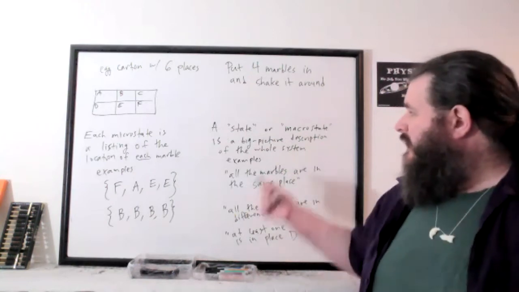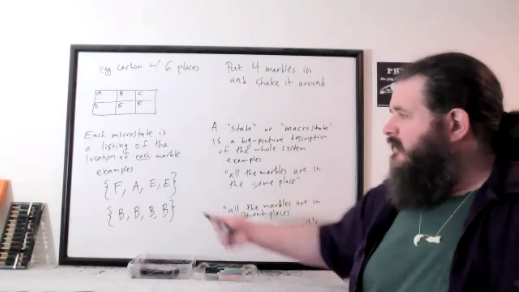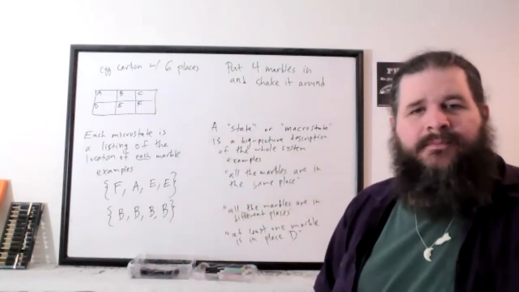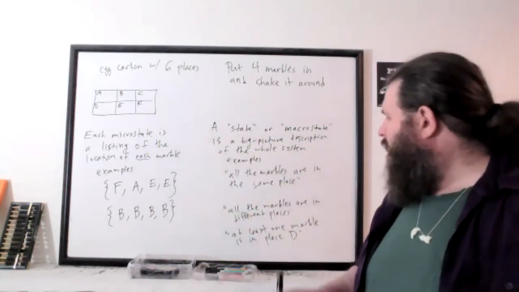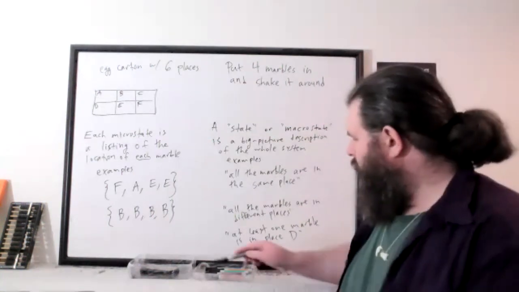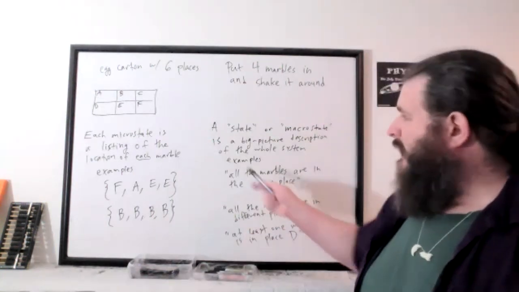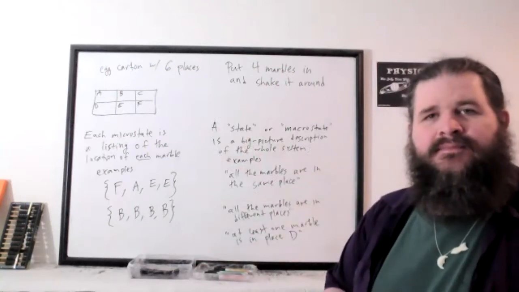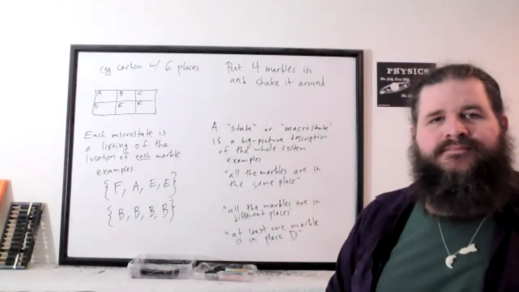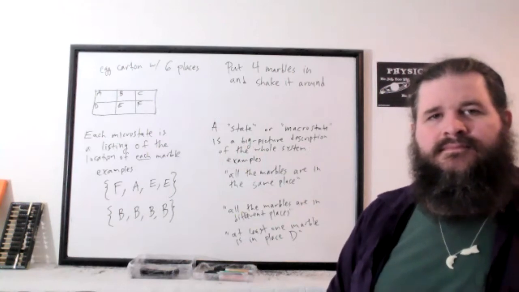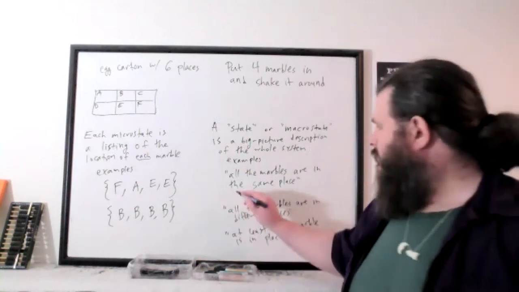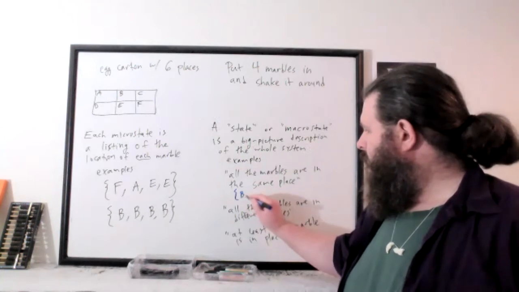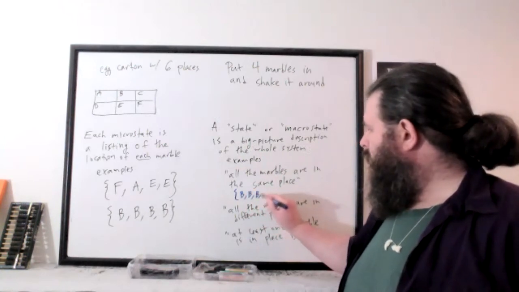But the important thing is each state is associated with some number of microstates. For example, all the marbles are in the same place. What would be an example of a microstate that corresponds to all the marbles being in the same place? You could have the B example, but you could have that for any of the 6 boxes. Right.